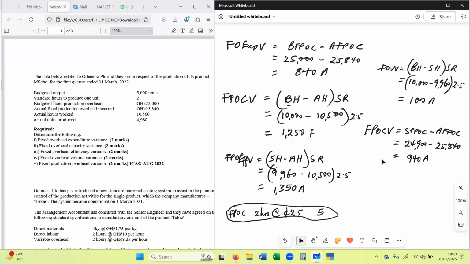And then the cost is made up of expenditure and the volume. So 840 adverse, 100 adverse, then you get 940 adverse. So even if you get this correct, straight away you see that you are correct.